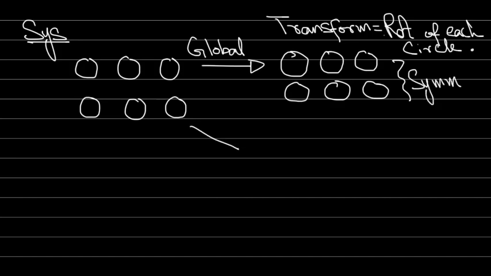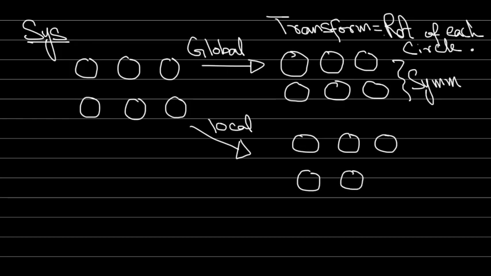And even if you were to perform a local transformation, it doesn't matter if you rotate one circle by 90 degrees, another one by 12 degrees, they are going to look the same, because they're circles. So in this case, your local transformation is also symmetric.